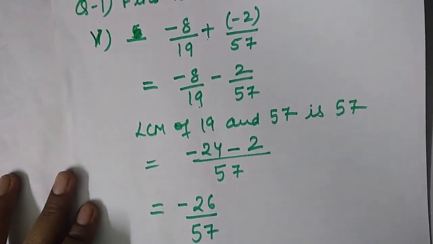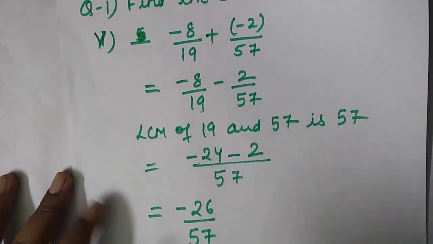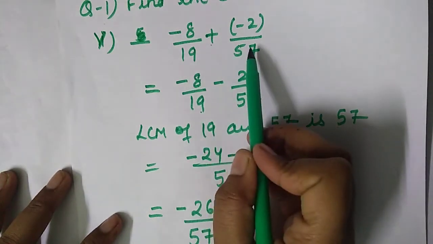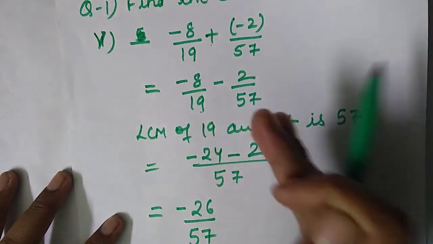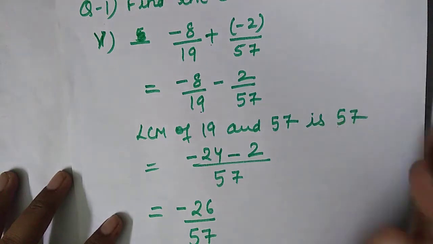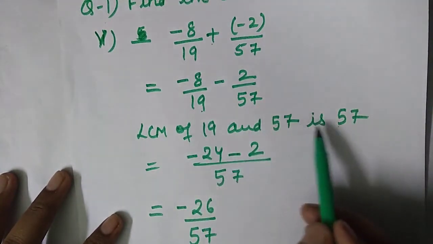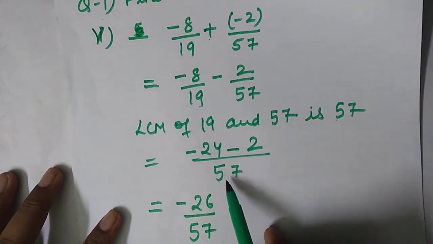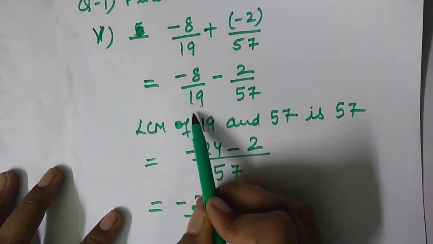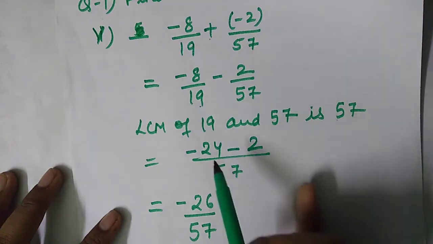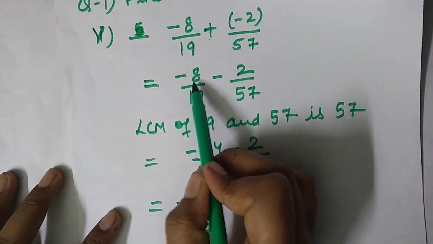Okay, this is how you can add rational numbers. We are given 2 rational numbers, simply you have to add them. For addition and subtraction, you have to take the LCM. LCM of 19 and 57 is 57. Now with the LCM, you have to divide the denominator of each fraction, and whatever comes, that number should be multiplied with the numerator.